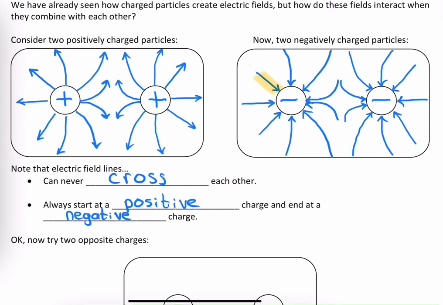So sometimes when I draw these arrows, I draw them so the lines fizzle out, or they seem to come to an end. These ones here too, I didn't really draw them continuing out forever, but they would. And if we followed them, eventually they would take us to a positive charge where they started from. So electric field lines can never cross. They always start at a positive and they always end at a negative charge.